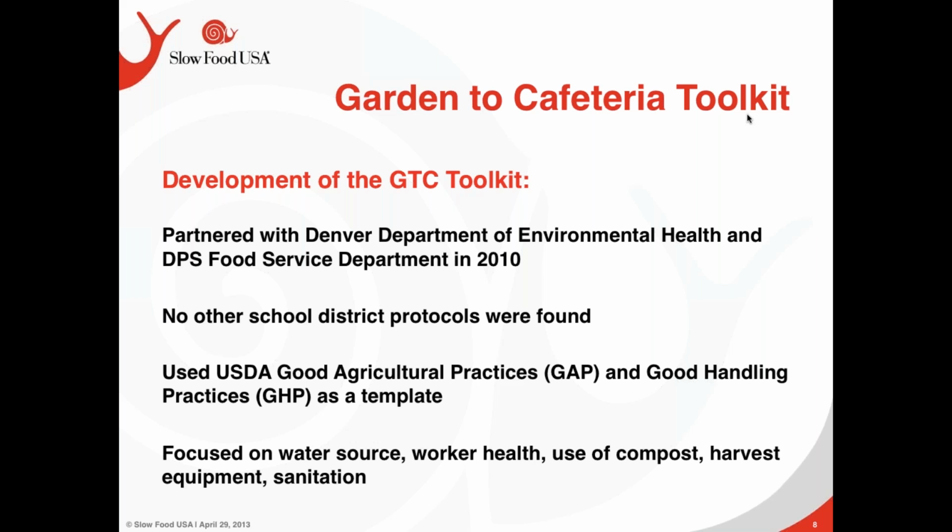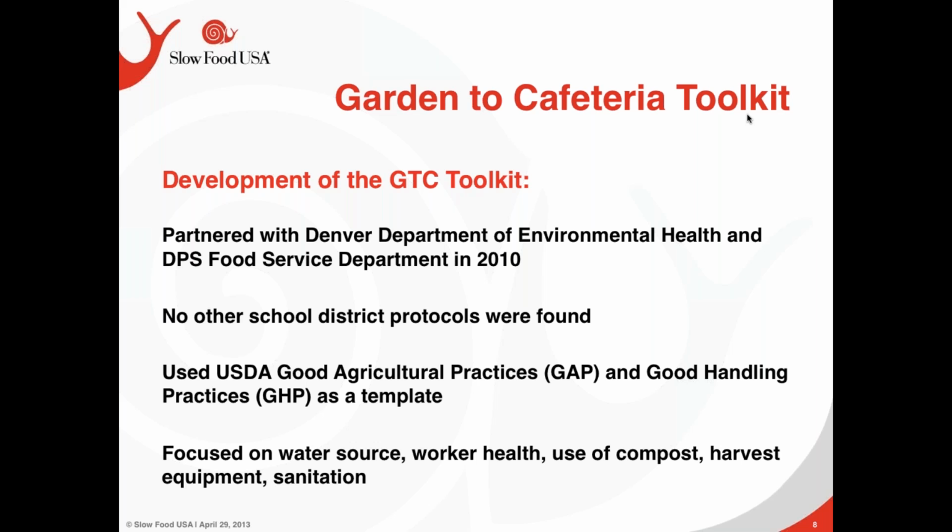And I was approached by the food service director at the time, Leo Lesh, asking, could he buy produce from the school gardens that we had distributed across the district? And I said, well, I know the school gardens are certainly interested in that. And so we began the project of trying to define how do we grow and harvest that school garden produce safely so that we can use it in the cafeteria to be served during their meals.